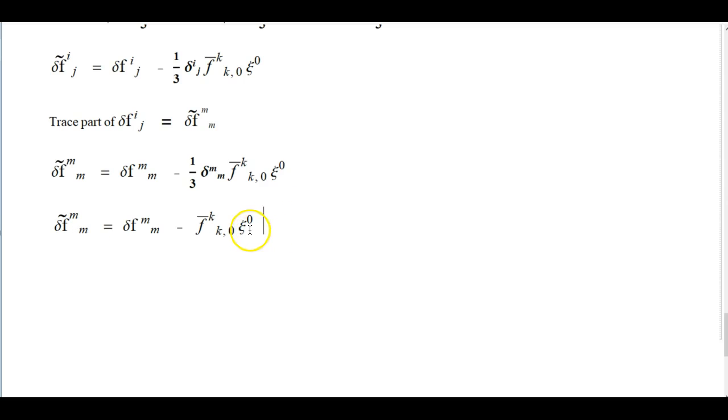Okay, now the traceless part. Traceless part is that I subtract from delta Fij. Now the traceless part of delta Fij. So this is, yeah, it's not tilde here.